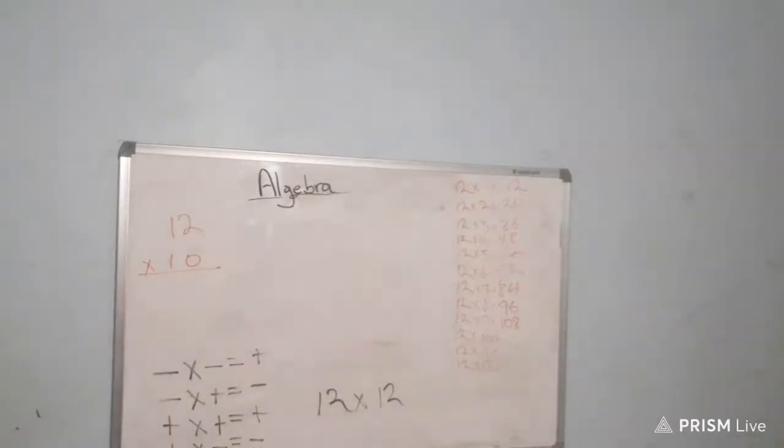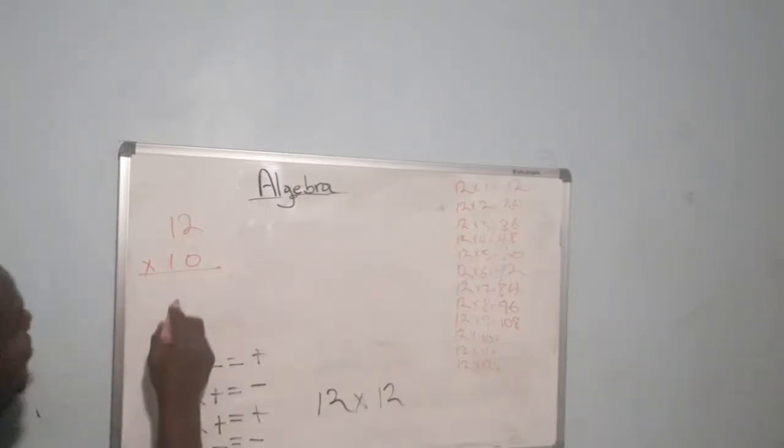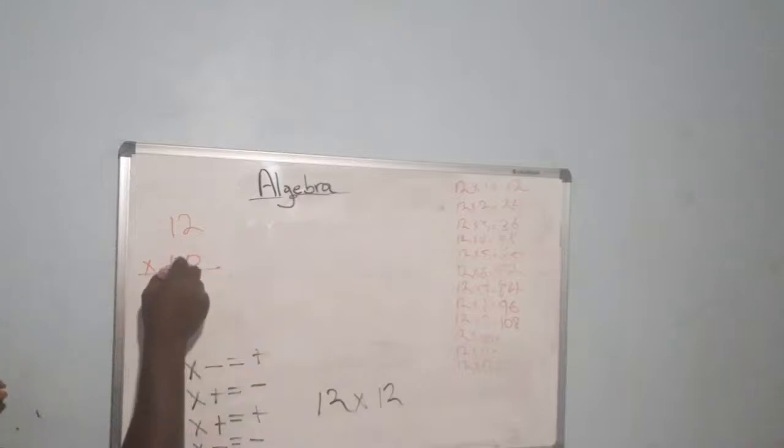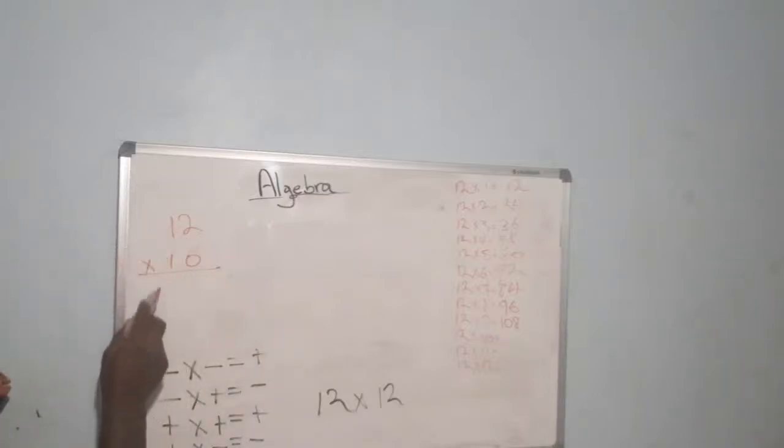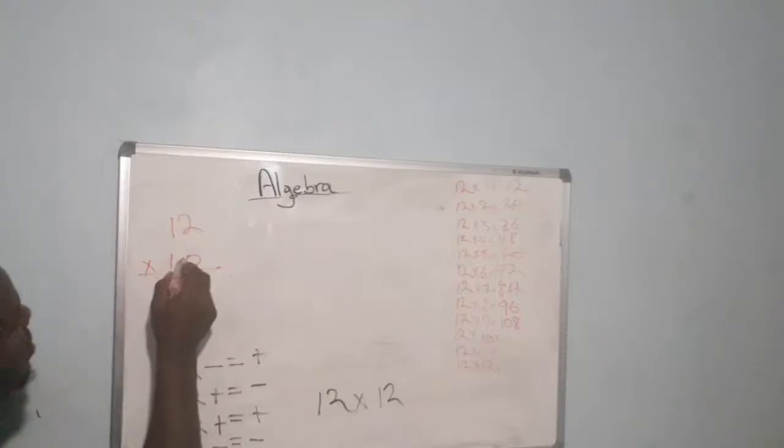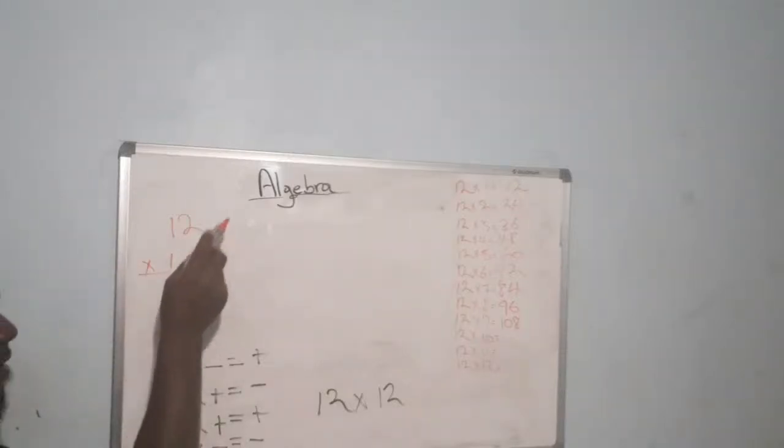It's really the same principle, but the method will be changed a bit. I'll show you. So you're going to use the 0 to multiply the 12, and then you use the 1 to multiply the 12.